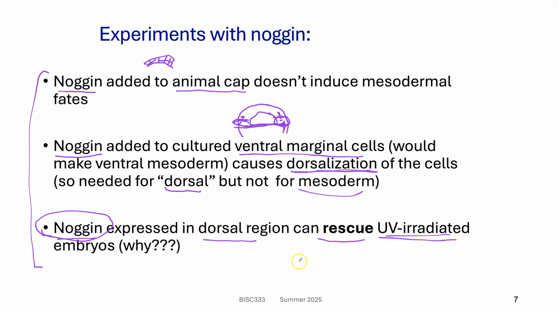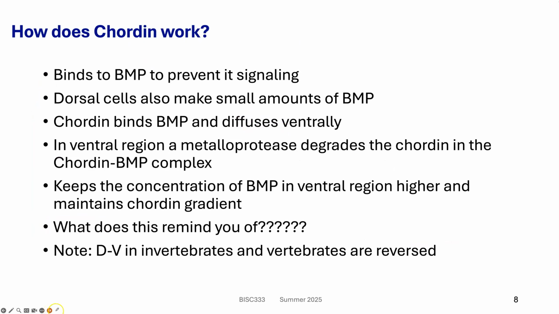In this case, what you've done is bypass a few steps, the problem that was created by the UV irradiation. You've gone around it and found a way past the problem. And we refer to that as rescue. Excuse me. So that's the noggin part of the story.